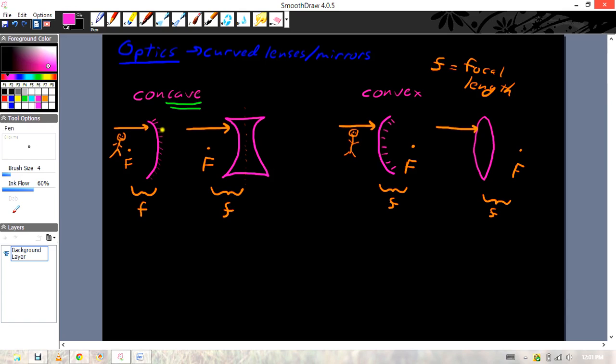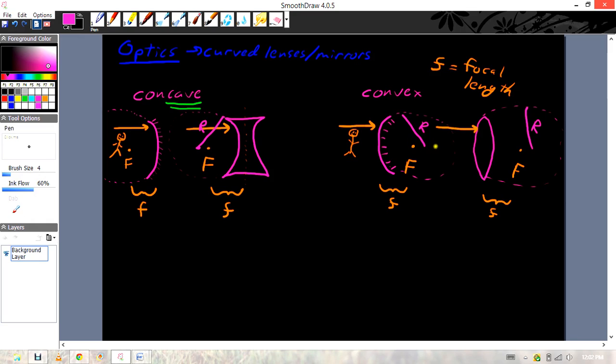So the last important part is that this curvature you can think of as being part of a circle with some sort of radius. And it turns out, I didn't draw this very well, I apologize, that the radius is twice as far out as the focus.